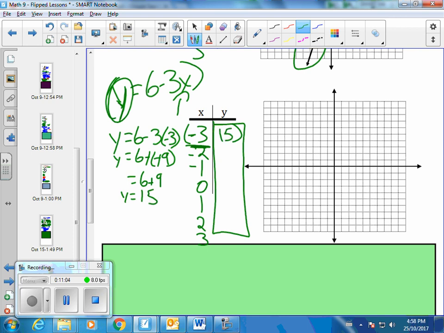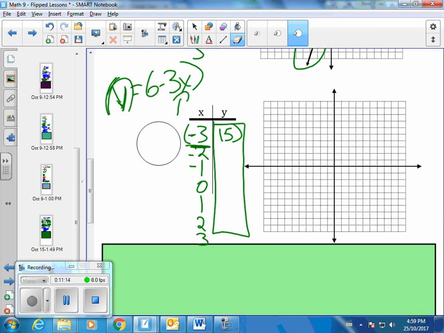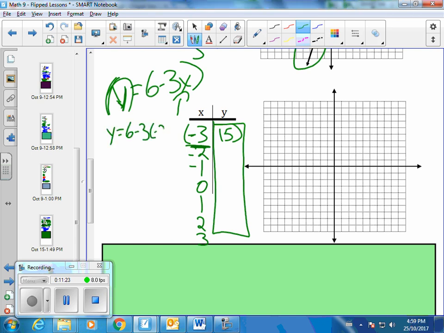Then we go ahead and do the same thing with the very next x number in the table. So I'm going to punch -2 in. y equals 6 minus 3 times -2. y equals 6 minus -6.